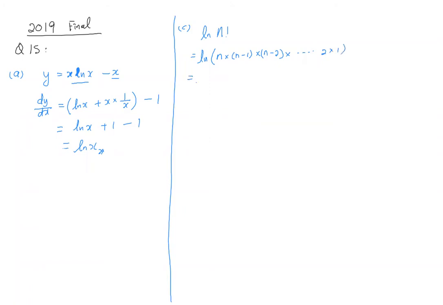So this will be ln n plus, times become plus, ln n minus 1 plus ln n minus 2 plus until the last one is ln 3, ln 2, and ln 1. Okay. Yep. So ln 1 is 0.